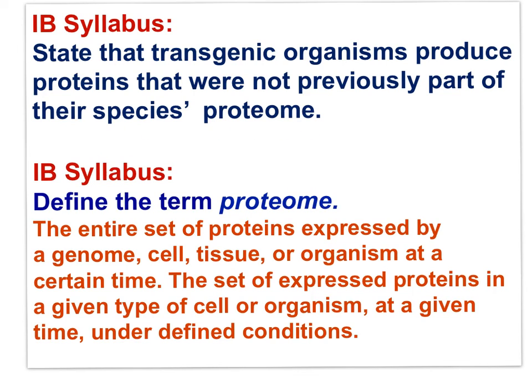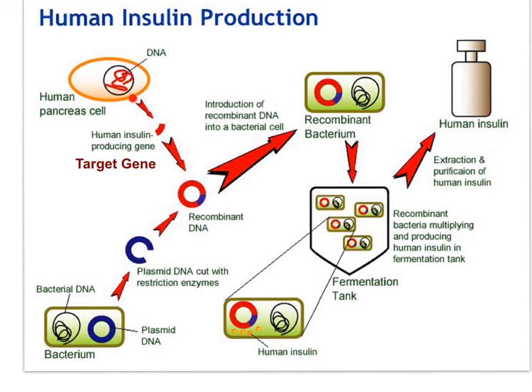And I've defined the term proteome for you. Proteome is the entire set of proteins expressed by a genome, cell, tissue, or organism at a certain time. A proteome is the set of expressed proteins in a given type of cell or organism at a given time under defined conditions. For example, a human gene for insulin is inserted onto a plasmid that's come from a bacterium.